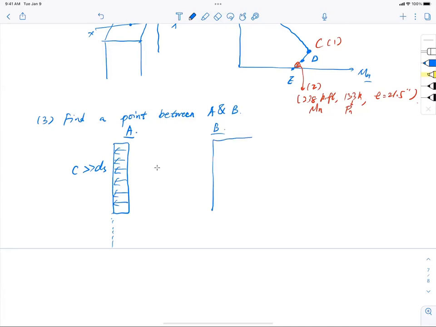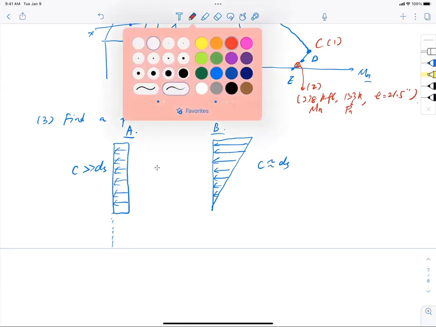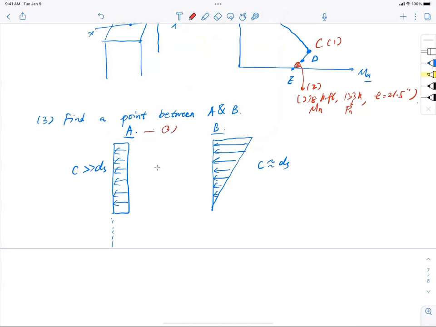Remember, zero tension means the whole strain distribution looks just like that. So c, the compressive zone, is still bigger than or approximately equal to ds. That means I need a point somewhere in between, and this is point 3, in between.